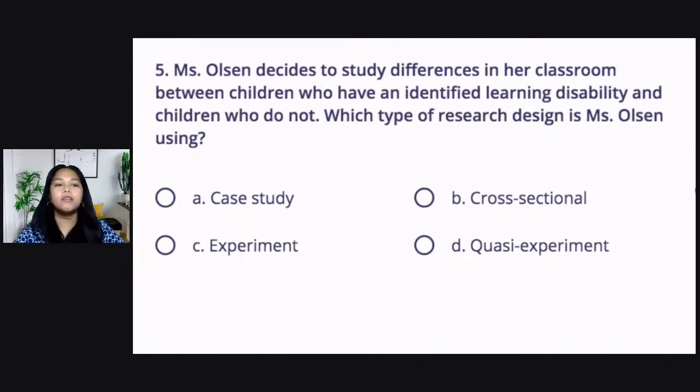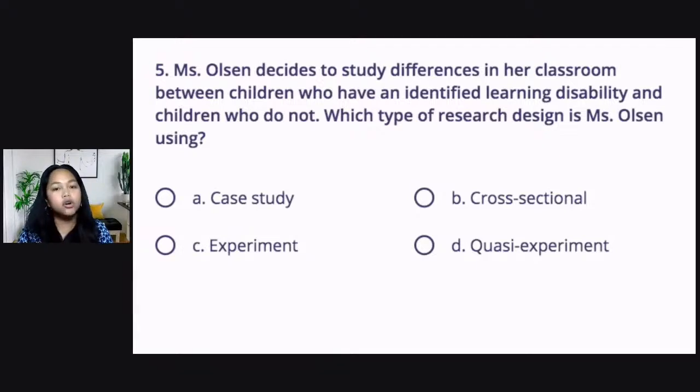Okay, number 5, Miss Olsen decides to study differences in her classroom between children who have an identified learning disability. Okay, so identified learning disability and children who do not. Okay, so Miss Olsen here is studying the kids who have learning disabilities and children who do not. Okay.